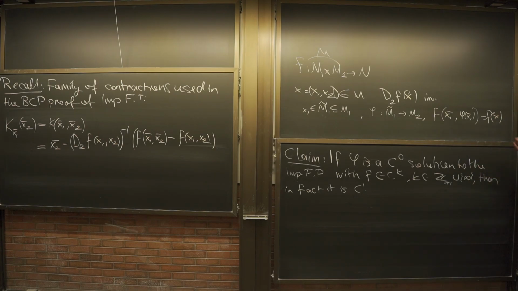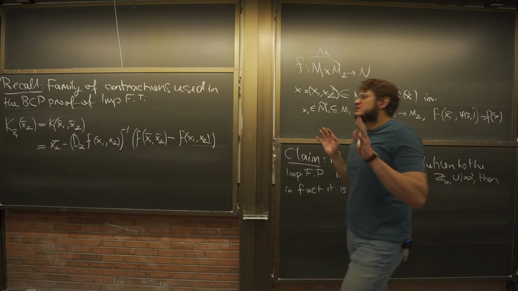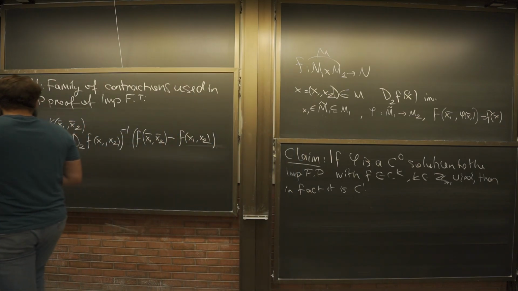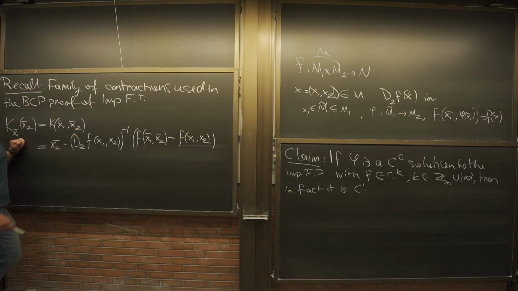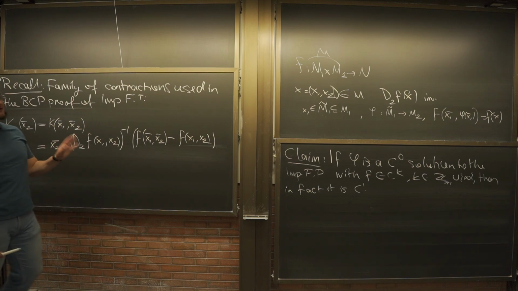And I told you that somehow we have this machinery, Banach Contraction Principle, that you can use by basically looking at this function. We define this k function. We said, oh, this is a contraction. You can show this. And then BCP tells you that for any x1 bar, there is a unique fixed point, and that fixed point is going to be phi of x1 bar.